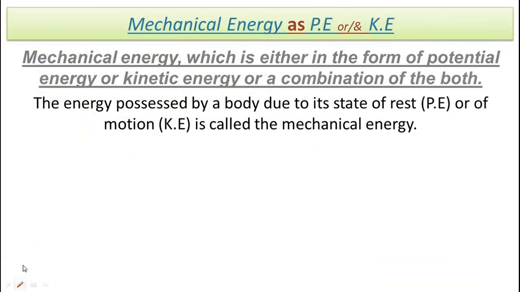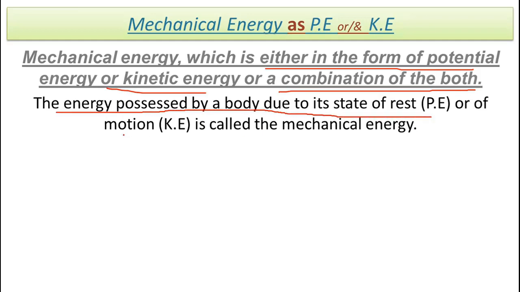Mechanical energy can be said to be either a potential energy or a kinetic energy or a combination of both. Or in a very simple way, you can say the energy possessed by a body due to its state of rest or of motion is called the mechanical energy.